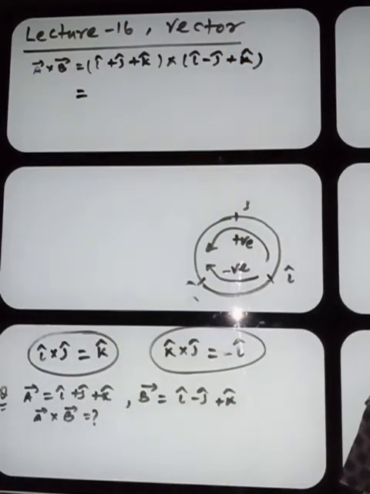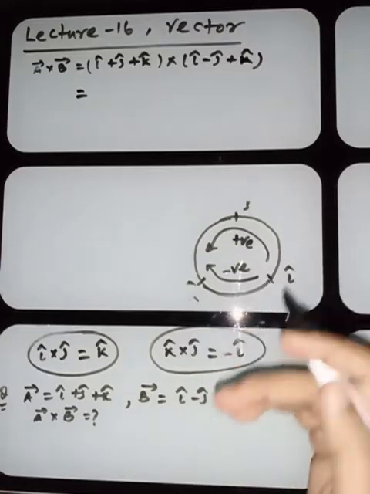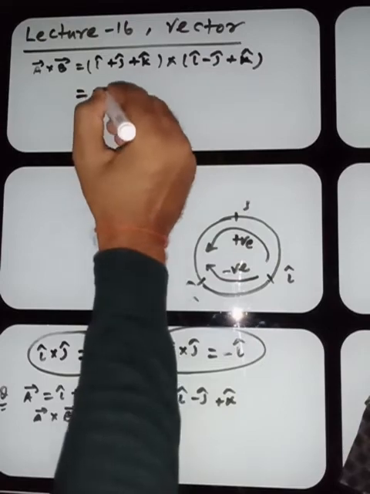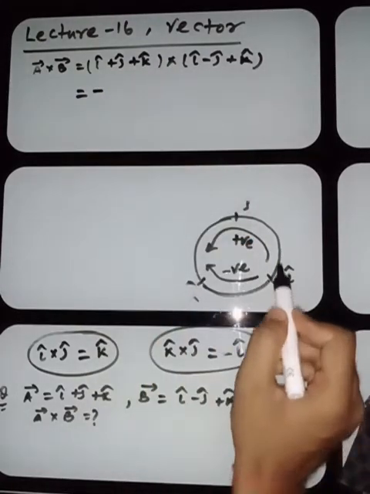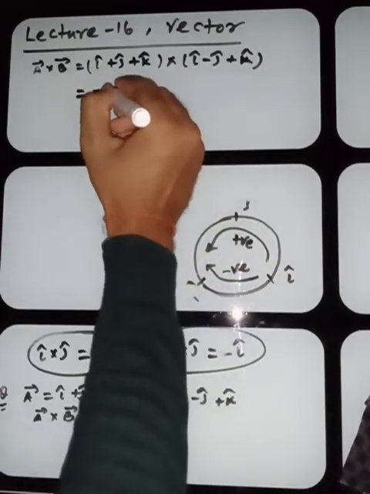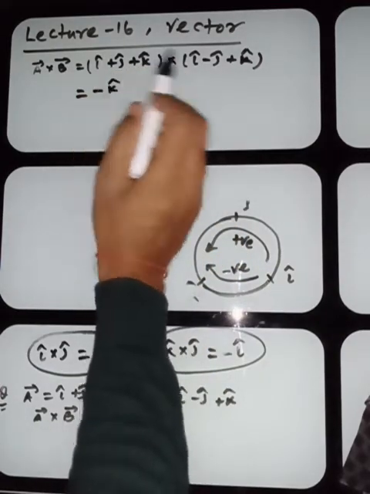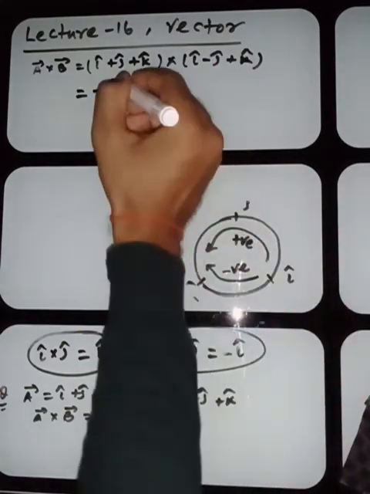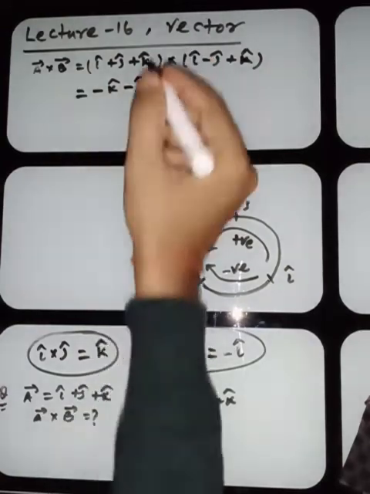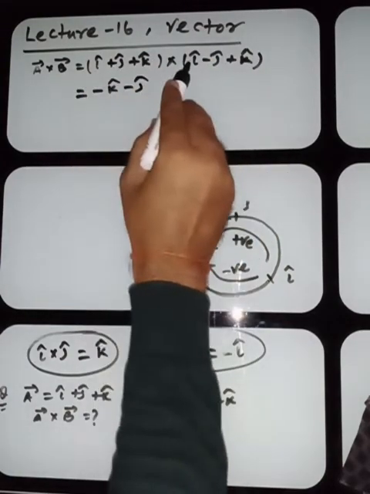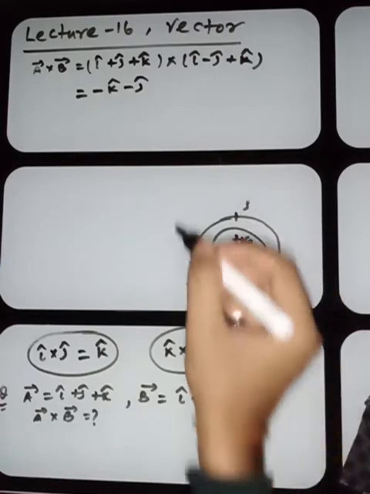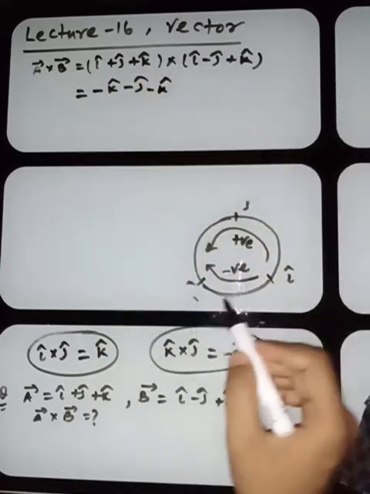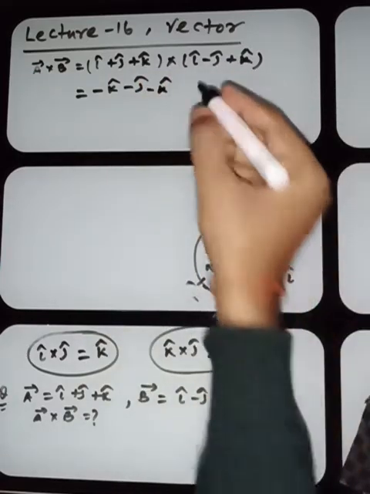Now you can see the number of pairs that are going to be formed. Here i cross i will be 0, minus i cross j, so the minus, and i cross j is k, so minus k cap. Now i cross k is minus j. Now j cross i is minus k. j cross j will be 0. j cross k is plus i.